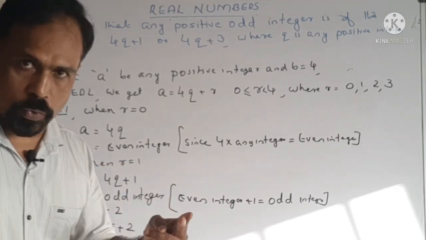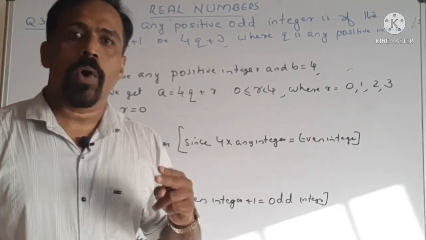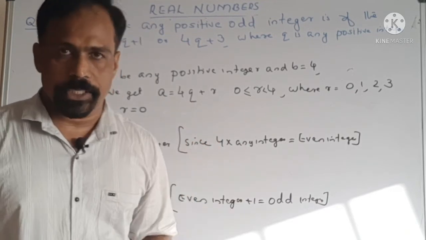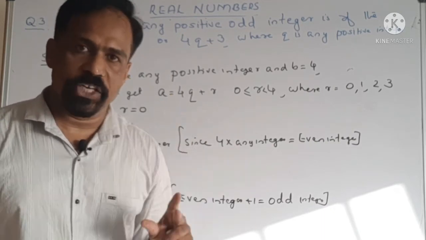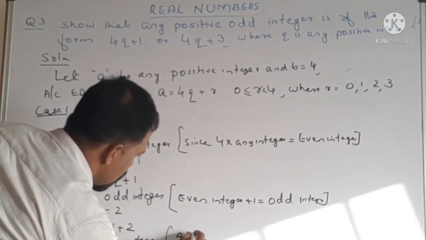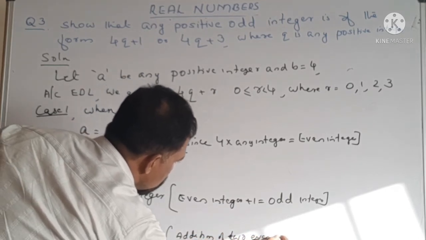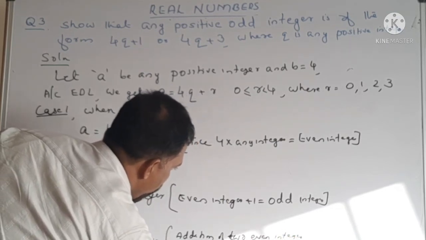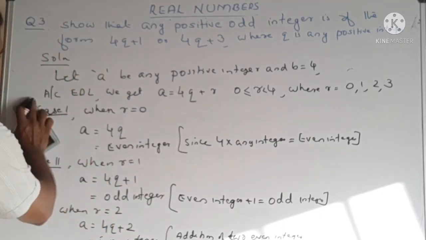If you add 2, again an even integer, you will always get an even integer. Addition of 2 even integers will always be an even integer.